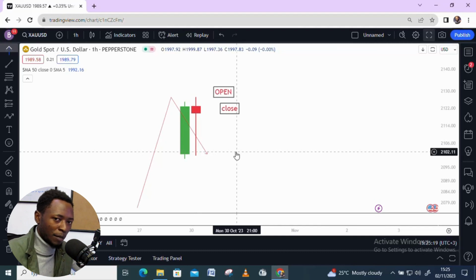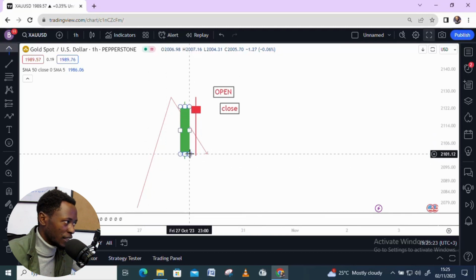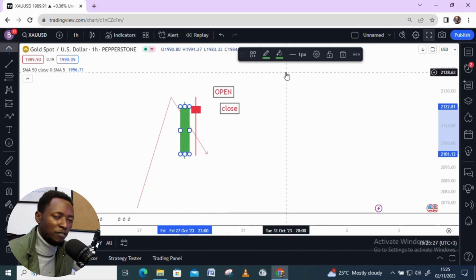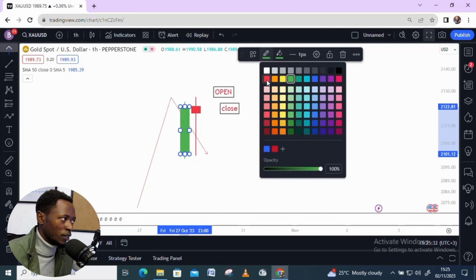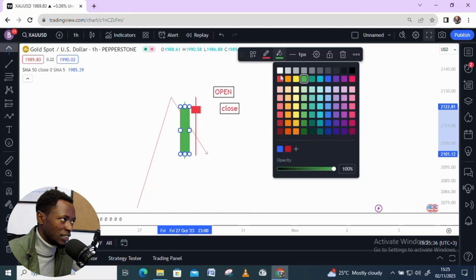So to our next example, the inverted hammer. This inverted hammer forms in a downtrend. Let me denote this as a downtrend.